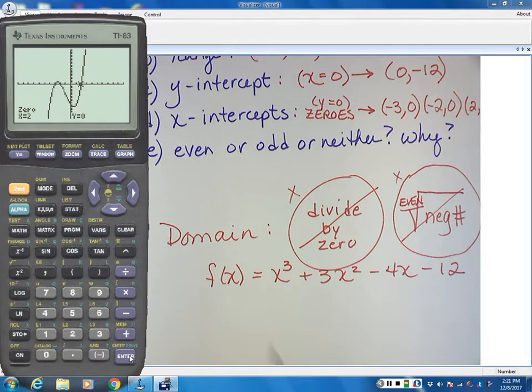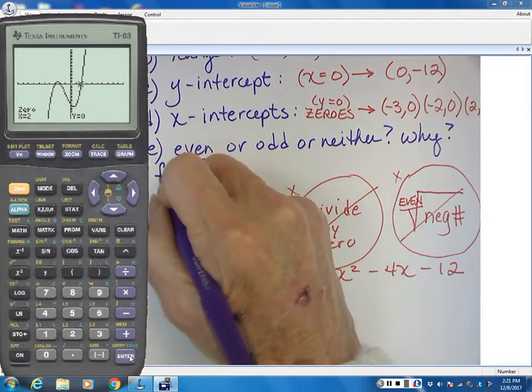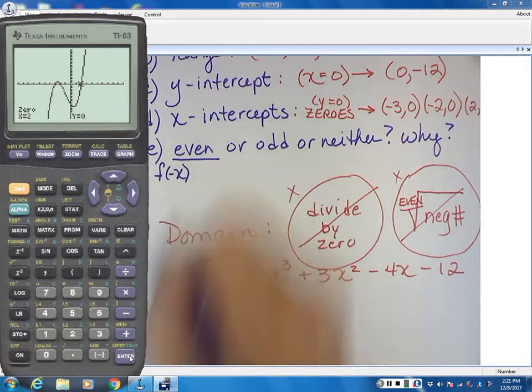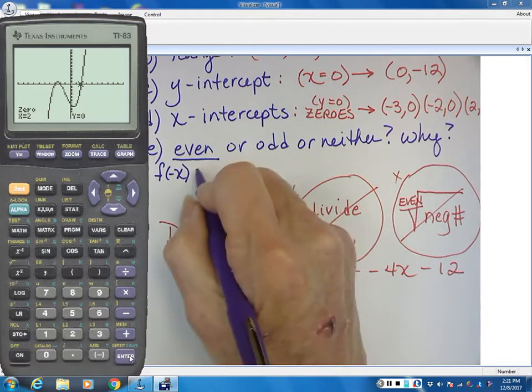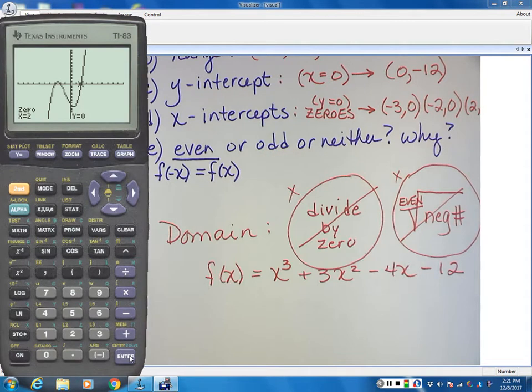A function is even if f of the opposite of x, or in other words, f of negative x, is exactly the same as f of x, the original function.